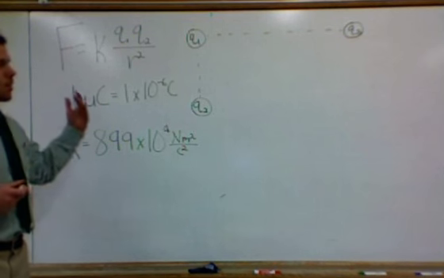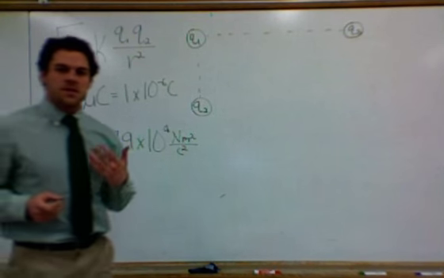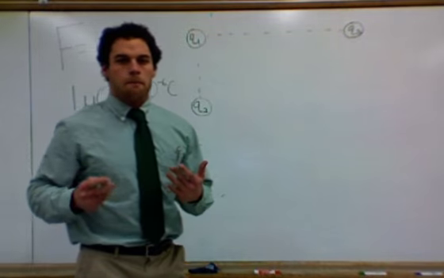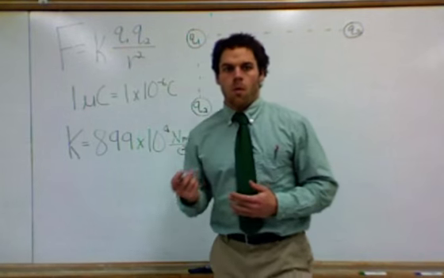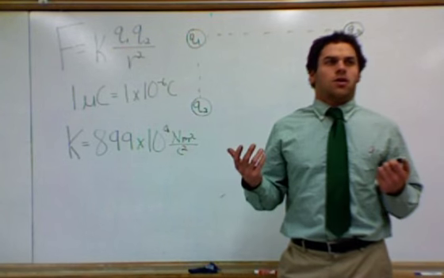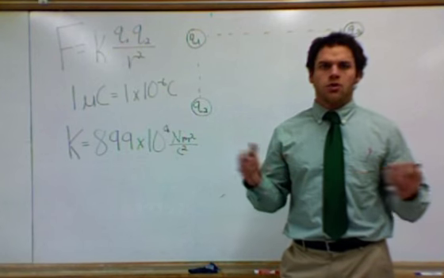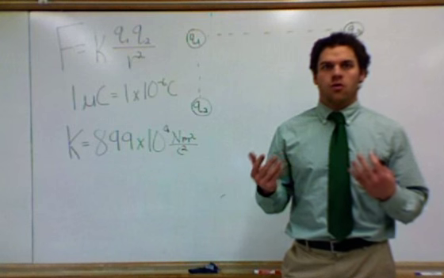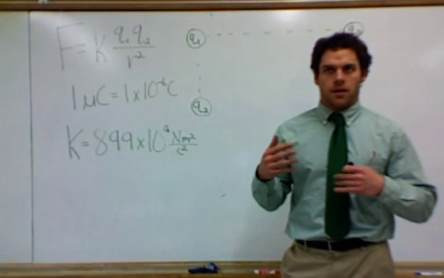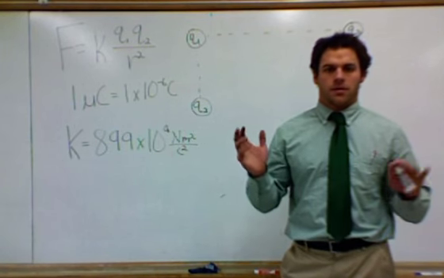A lot of the time we will be dealing with microcoulombs, because a coulomb of charge is an incredible amount of charge. It applies a huge amount of force, which could be exerted over a kilometer or something like that.